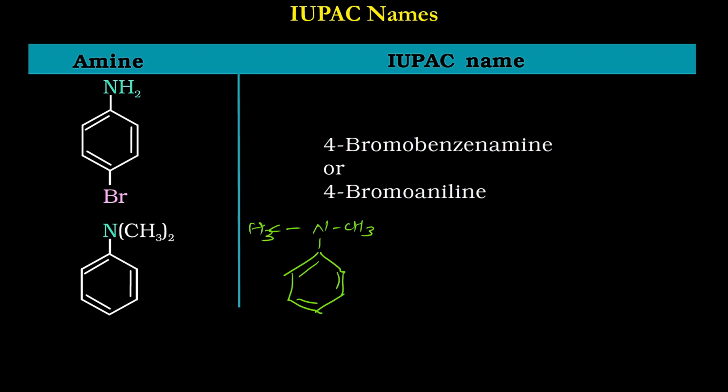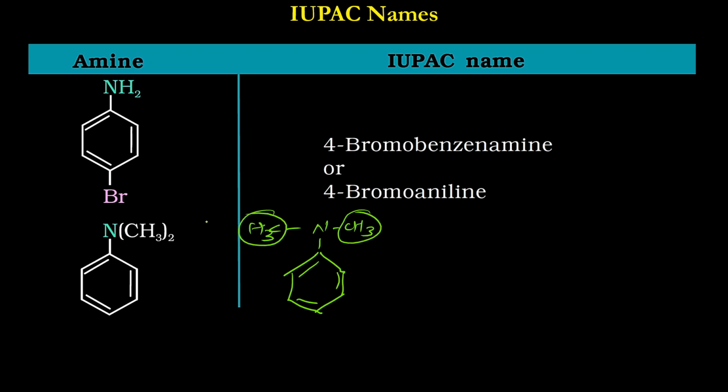Now on this nitrogen, you have three carbons, it is tertiary, so it means it is an indication that in the IUPAC name, you will have N,N-di. Okay, both are methyl groups, so it means it will be dimethyl. There can be different also, but in this case, you have same alkyl groups.